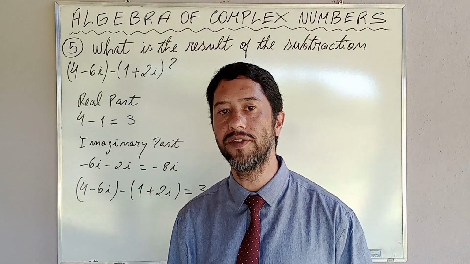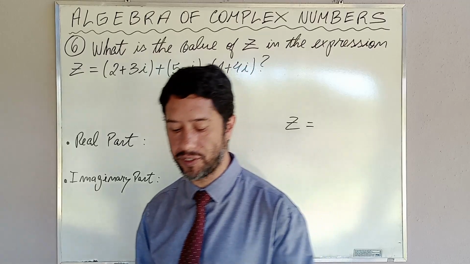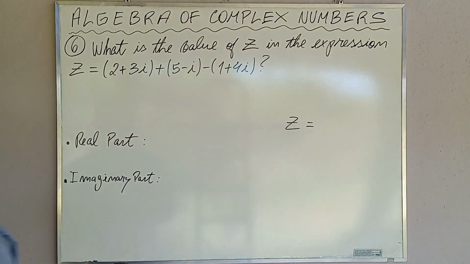Let's go to the next. Exercise number 6. What is the value of z in the expression z equal to (2 plus 3i) plus (5 minus i) minus (1 plus 4i)? This is the question.